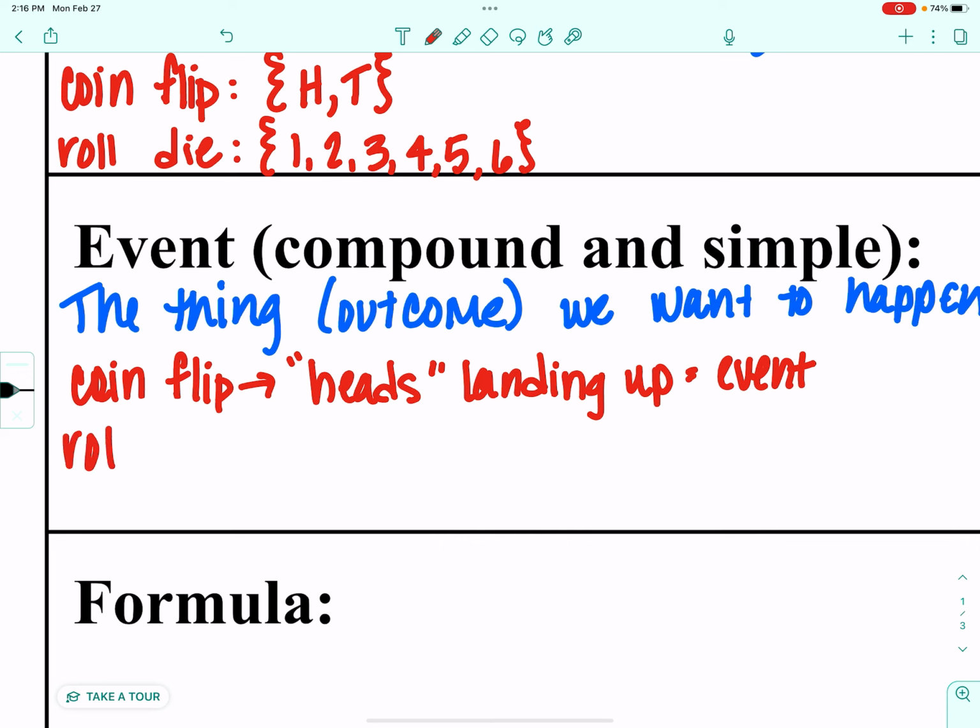Rolling a die, maybe we want to roll a 4. That would be an event.